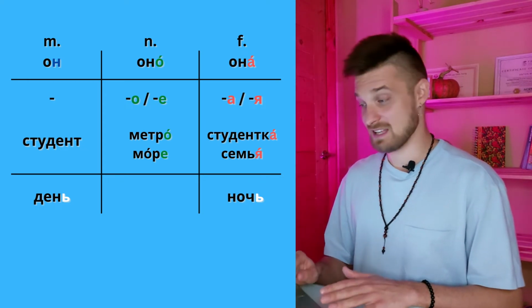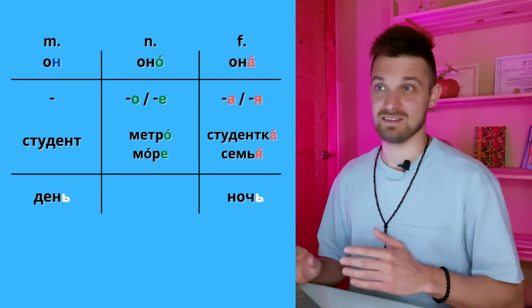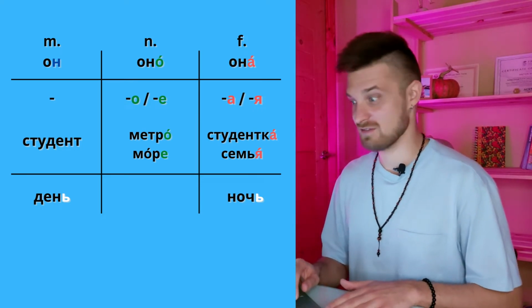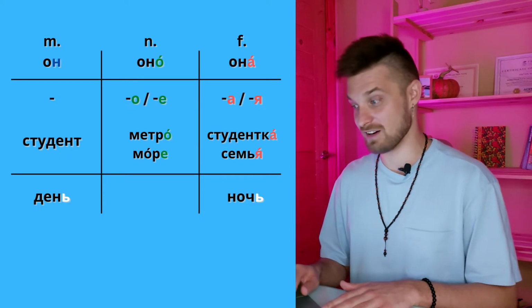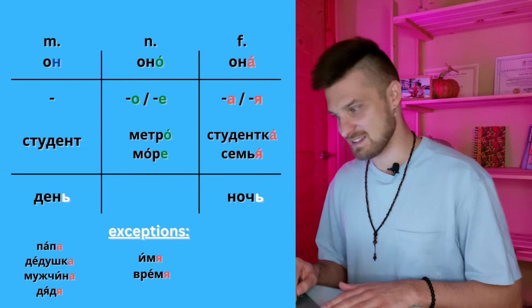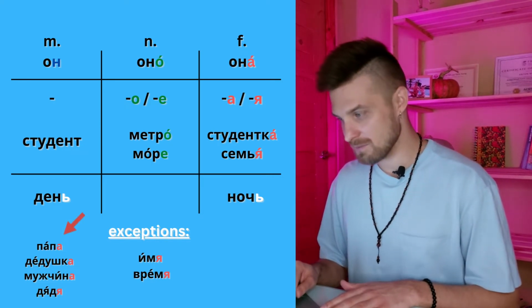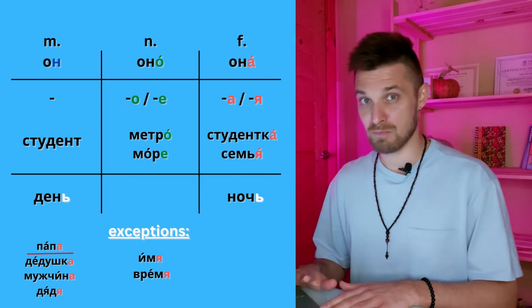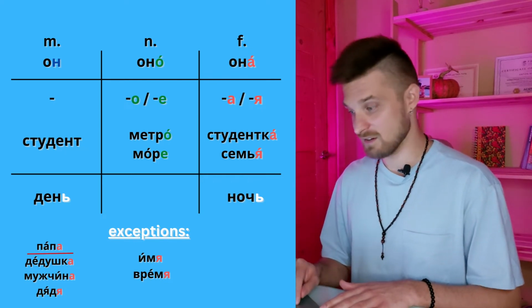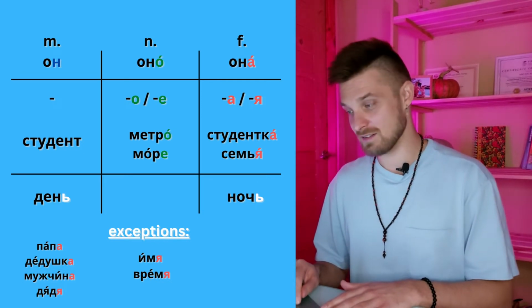Also, we have some exceptions in Russian, but we don't have as many exceptions as they have, for example, in French. They have a lot of exceptions regarding genders. We have just like 6 here. So let's take a look. The first column, papa. Papa means father. Дедушка means grandfather.